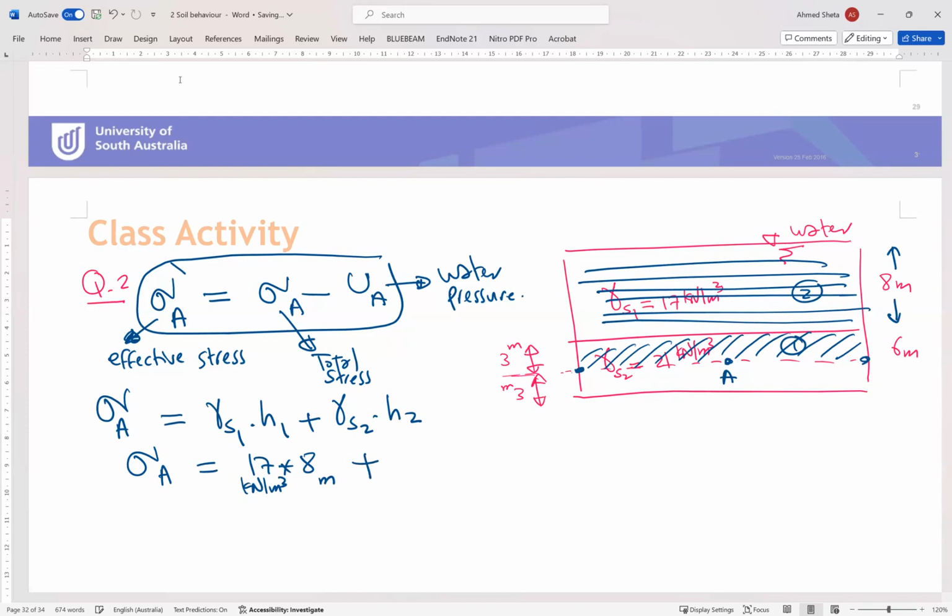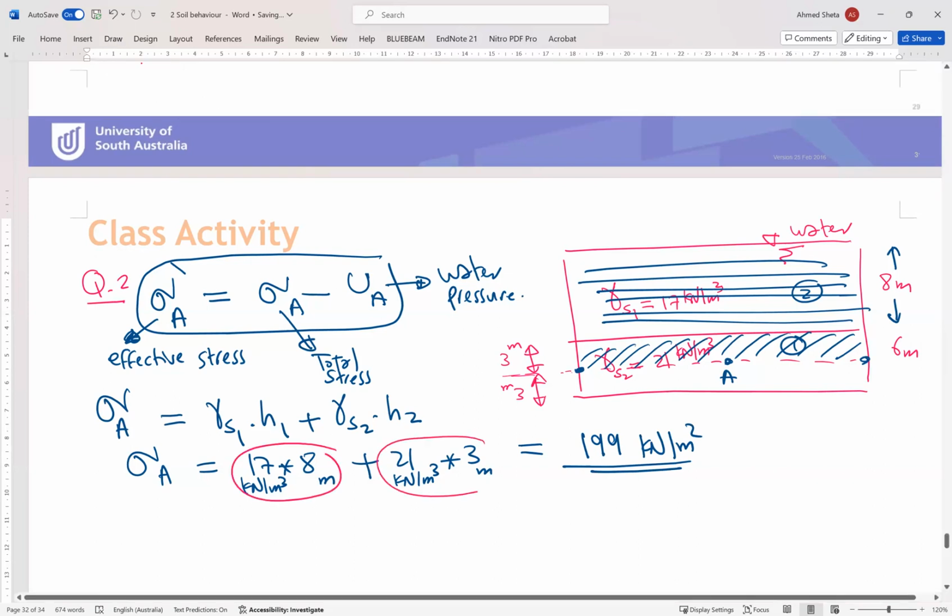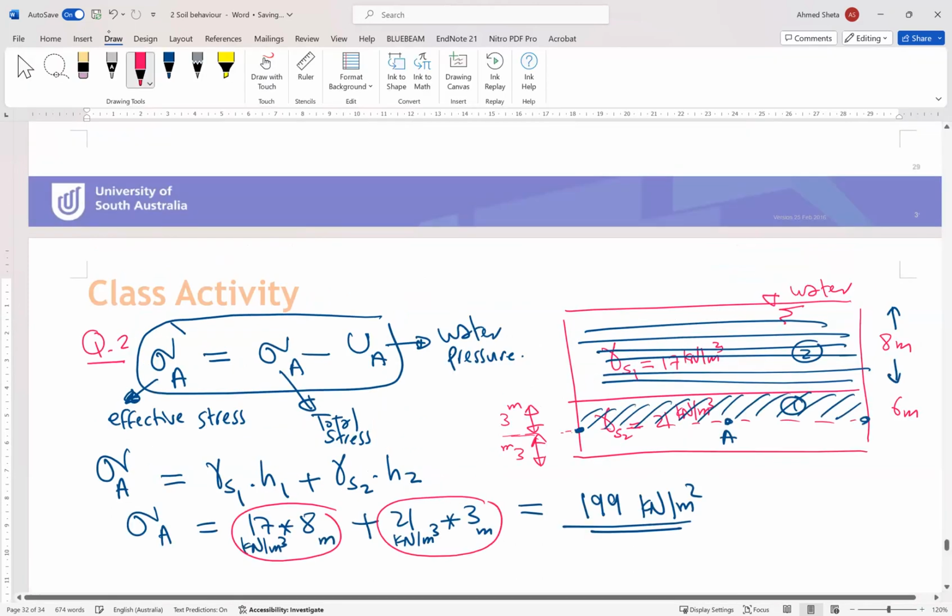So it will be 21 kilonewton per cubic meter times 3 meters. This will give us the value of 199 kilonewton per square meter. So again, we have two components of stress because we have two layers. Okay.